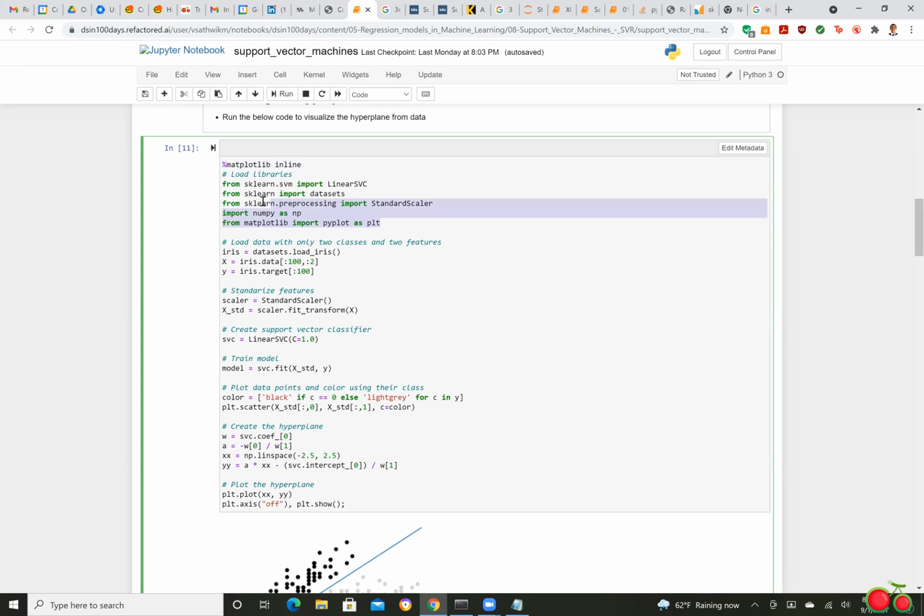These are a couple of library imports. This is a linear SVC model import. This is datasets from sklearn. The reason we do this datasets import is because the iris dataset is available in the library as a pre-built dataset.